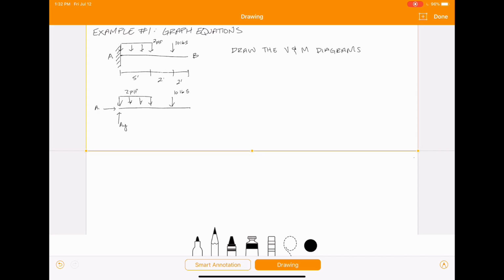In this case, because it's fixed, we're going to have a reaction in the X, a reaction in the Y, and a resisting moment. Now you can use your equations of equilibrium to solve for your reactions.